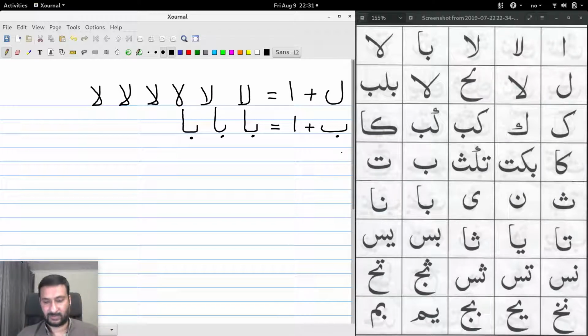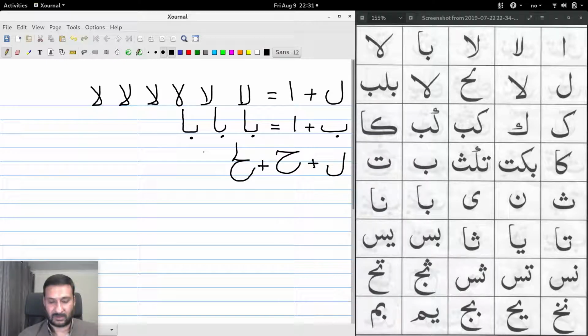So let me explain here. This is Lam and Ha, and it looks like this. So Lam comes from the top, and then it joins Ha like so. This is Lam Ha.